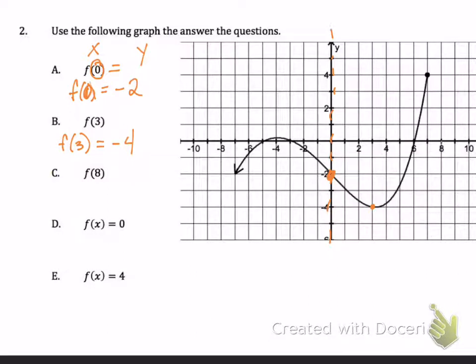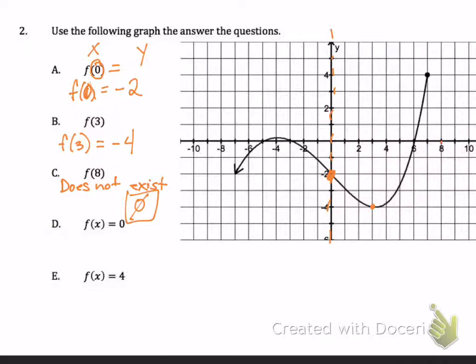So when I go to x equals 8, there's nothing there, so I would say that it does not exist. Or you could also say, and this is probably what I would want you to write on a test, the empty set, or you just write a 0 with a diagonal line through it. It means it's empty, so it does not exist. So f of 8 equals the empty set.